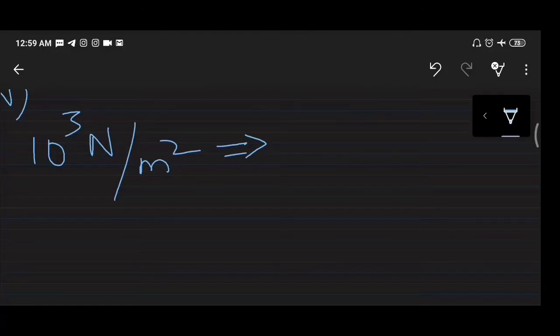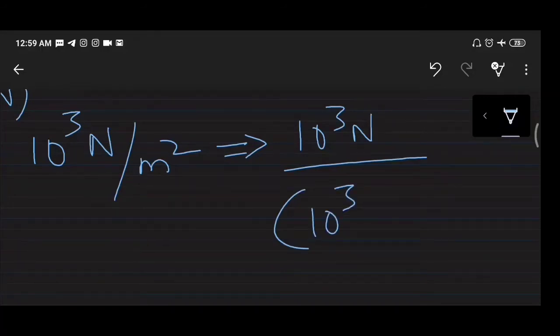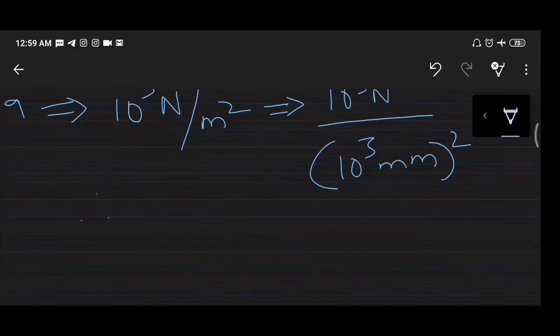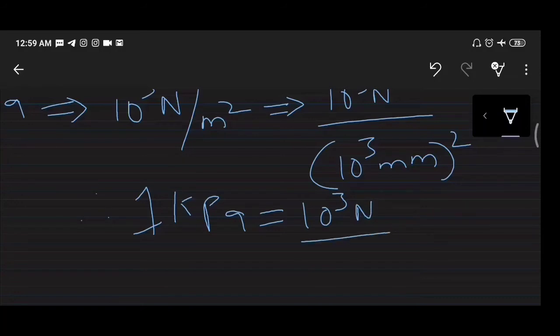That gives rise to 10 to the power of 3 Newton per 10 to the power of 3 mm whole square. I am just converting meters into mm. Therefore 1 kilopascal equals 10 to the power of 3 Newton per 10 to the power of 6 mm square.